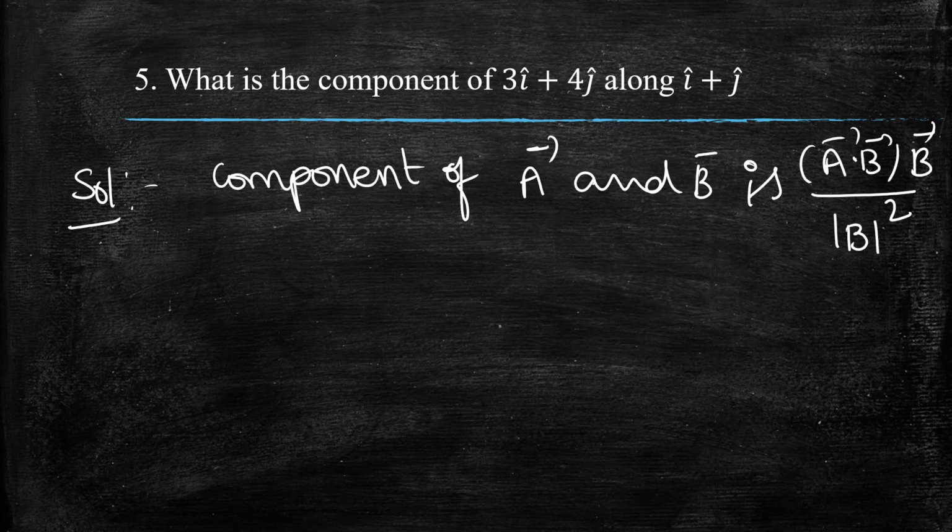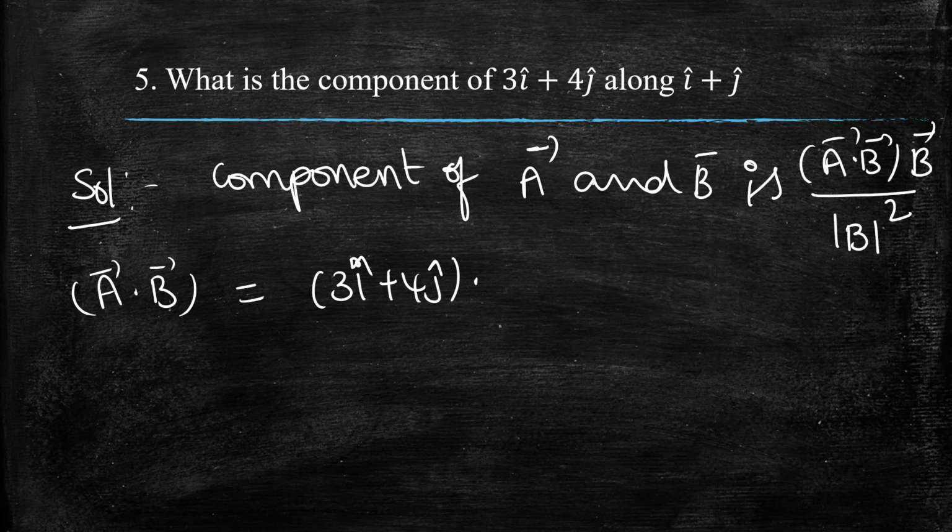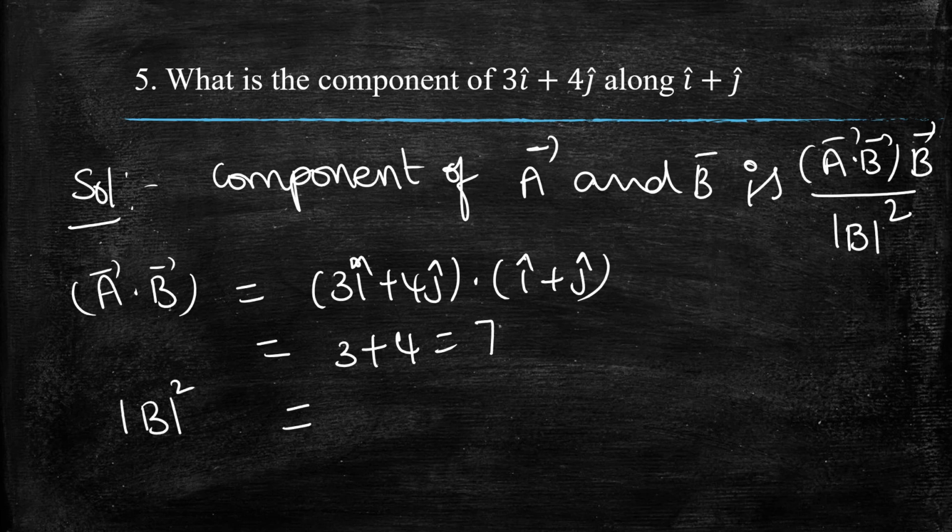Now we are calculating first A bar dot B bar, given A bar as 3 i cap plus 4 j cap, dot product of i cap plus j cap, that is 3 plus 4, equal to 7. Again calculating modulus of B bar whole square, that is root of 1 plus 1 whole square, that is root 2 whole square. The square root cancels, giving 2.